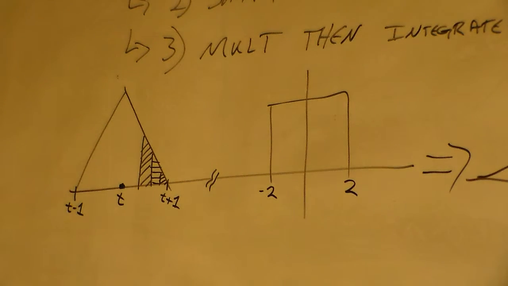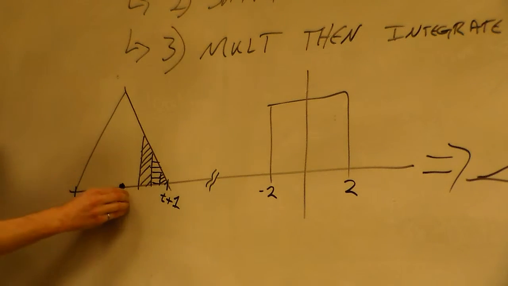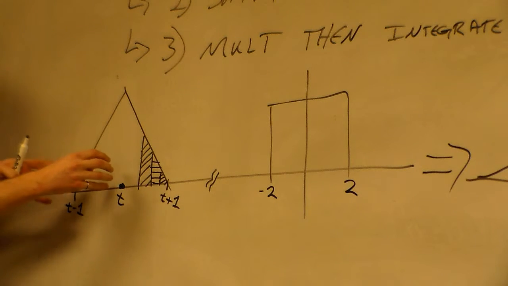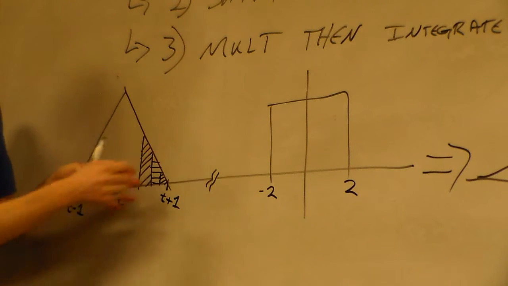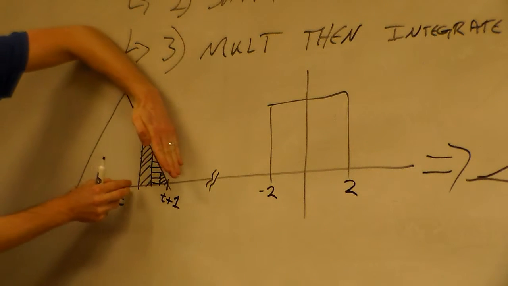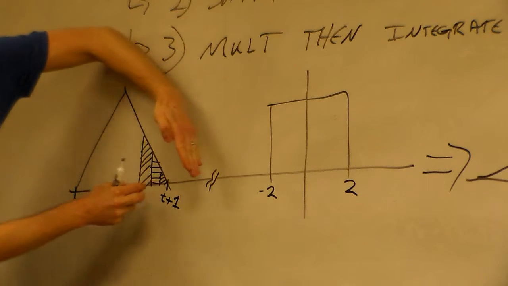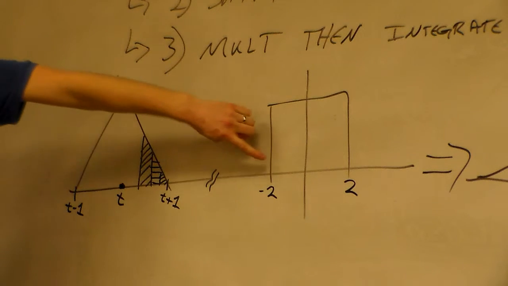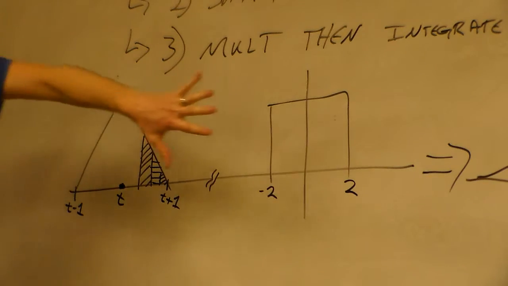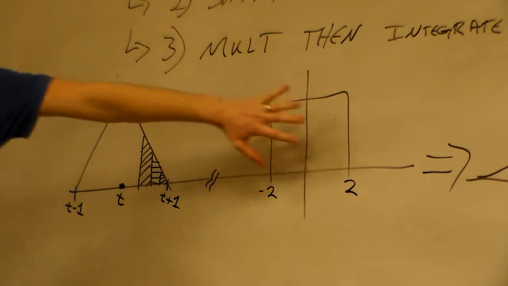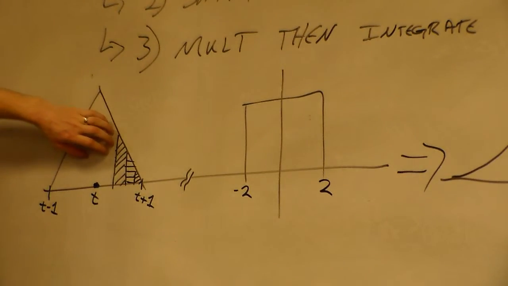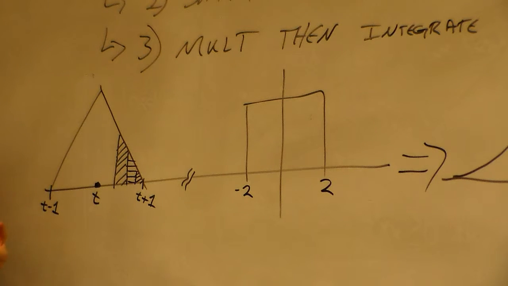Now, think about it in your mind. I'm going to grab this t value, and I'm going to shift this whole triangle to the right. So this leading edge is moving. And the question is, when does this leading edge start to touch this? Because these are two different. This is h of t and this is x of t. And they're getting multiplied together.